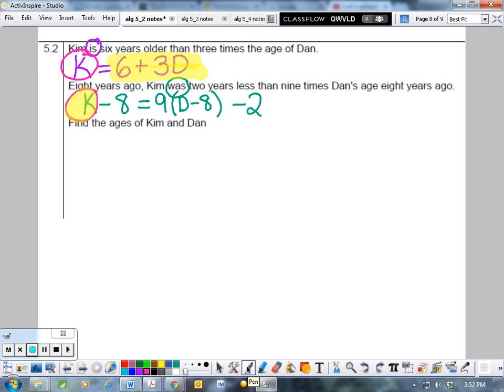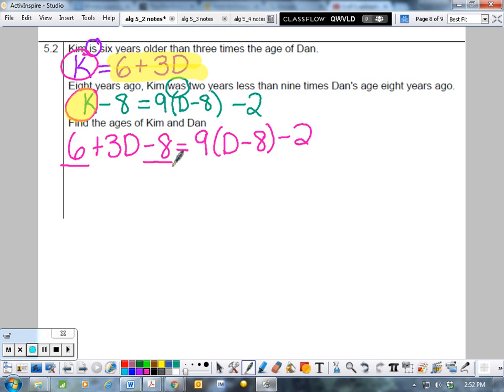So in the highlighted spot, I'm going to put 6 plus 3D minus 8 equals 9 times D minus 8 minus 2. I've got a lot going on here, so I'm going to try and simplify this a little bit. I'm going to combine my like terms. 6 minus 8 is negative 2, so this is 3D minus 2.